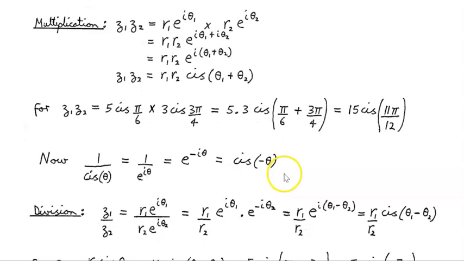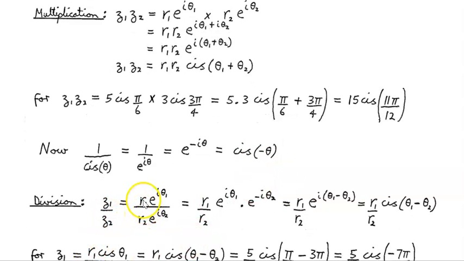Okay, just an example, Z1 over Z2 is R1 e to the I theta 1 over R2 e to the I theta 2. That's going to be R1 over R2 times e to the I theta 1 times 1 over e to the I theta 2. Bringing that exponent upstairs, the argument becomes negative, e to the minus I theta 2.